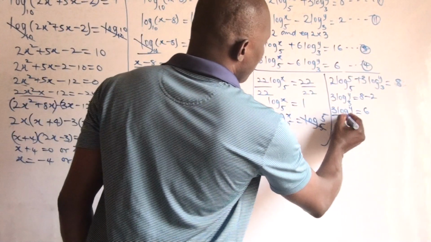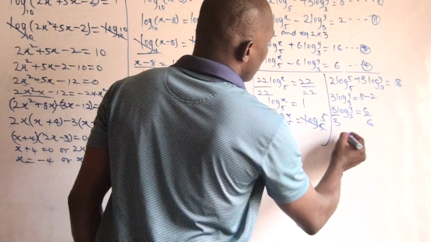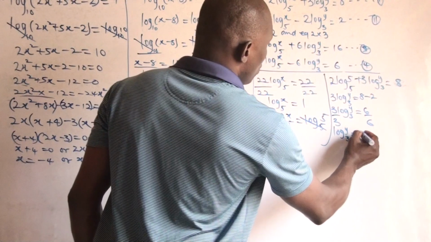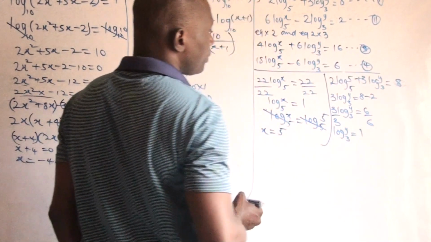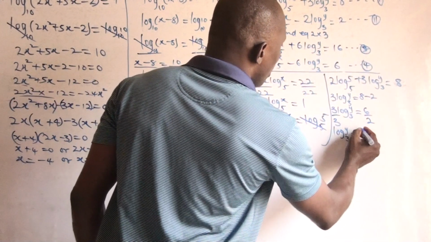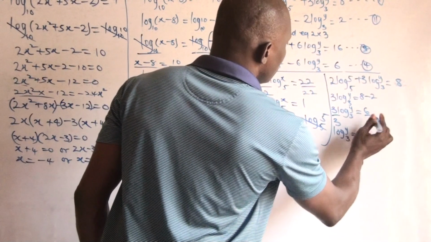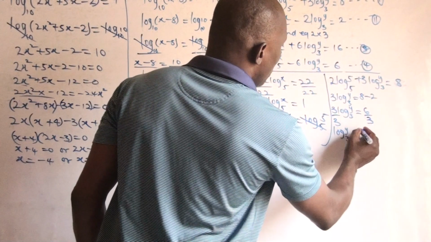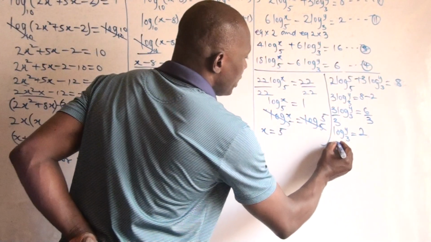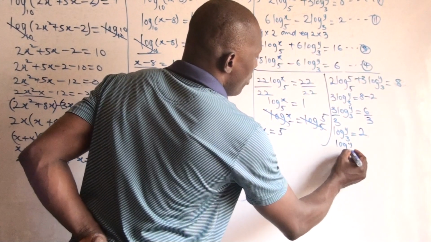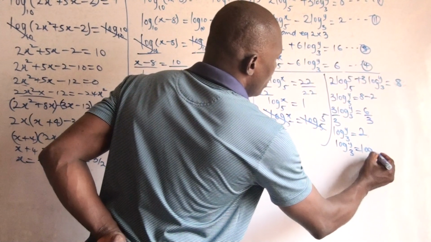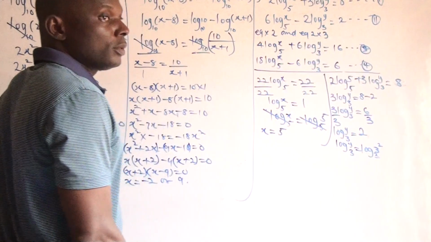So we divide both sides by 3. So here it becomes log y base 3 is equal to 2. This 2 can also be written as log y base 3 is equal to log 3 raised to power 2.